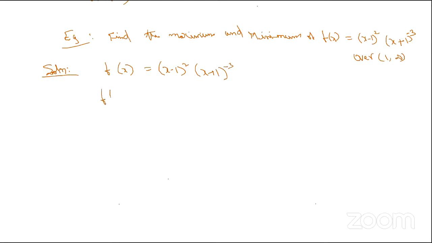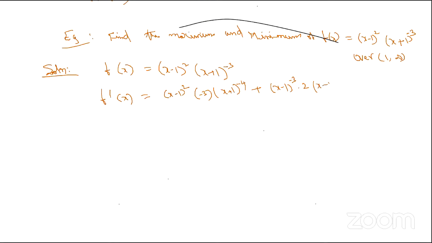So f dash x equals (x minus 1) whole square into minus 3 into (x plus 1) whole power minus 4, plus (x plus 1) whole power minus 3 into 2 into (x minus 1).